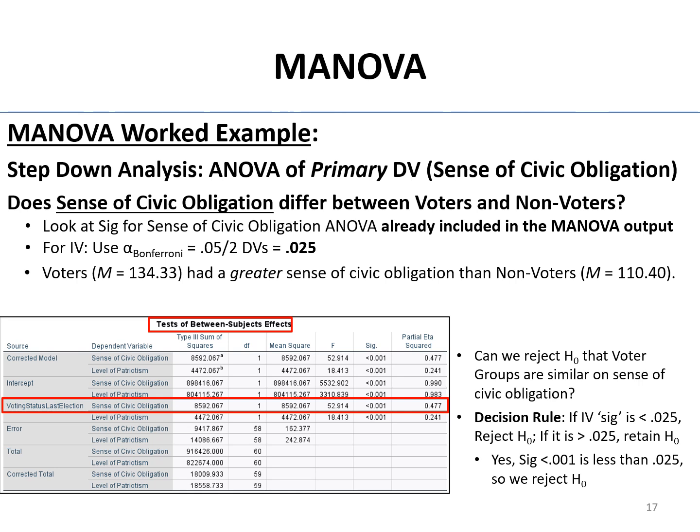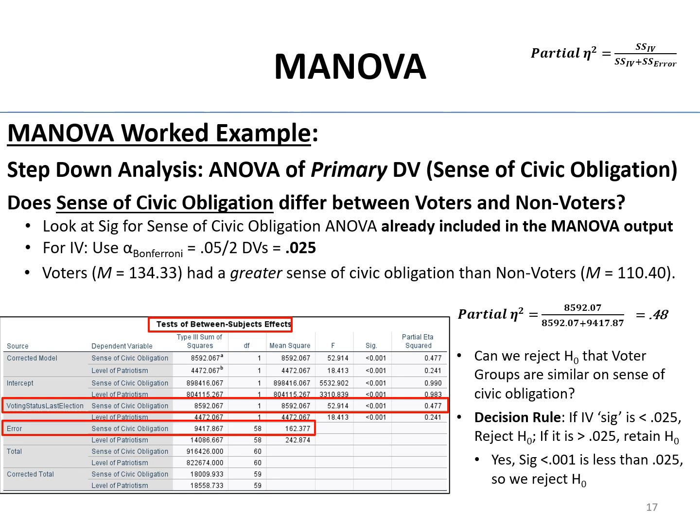Specifically, looking at the means that come from the descriptives table, you'll see that voters with a mean of 134.33 had a greater sense of civic obligation than non-voters with a mean of 110.40. We also need to calculate our partial eta squared.